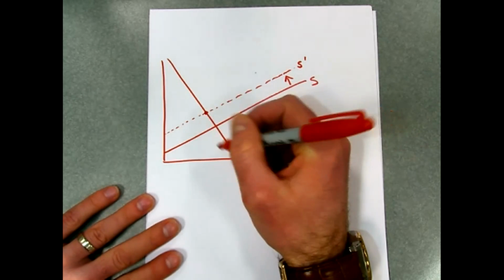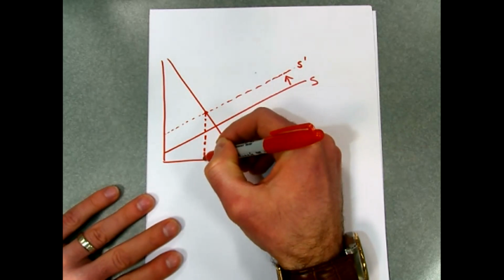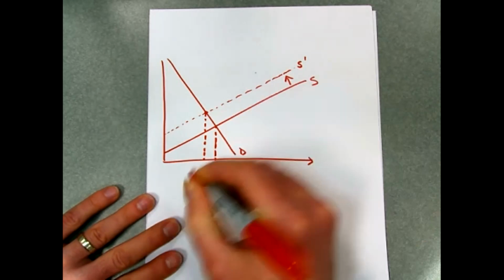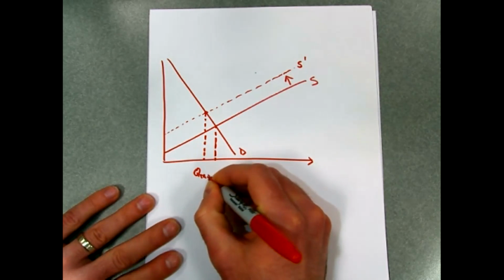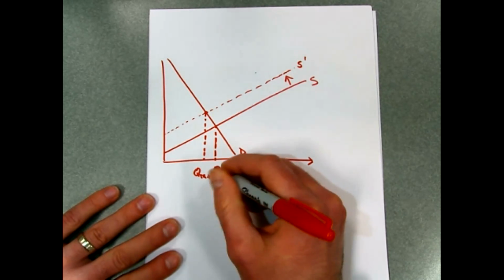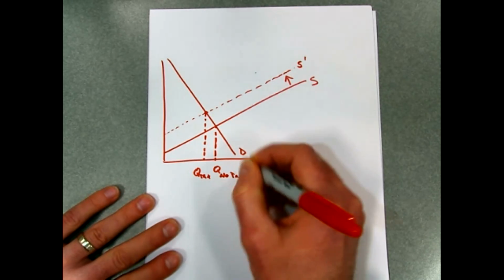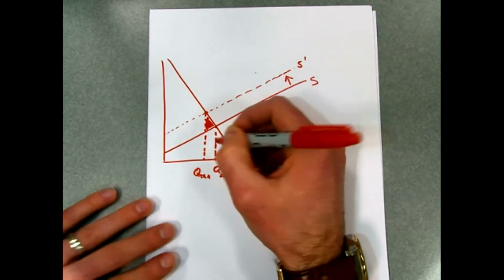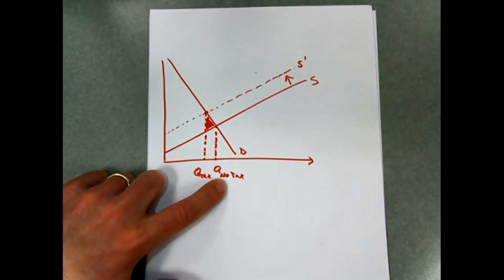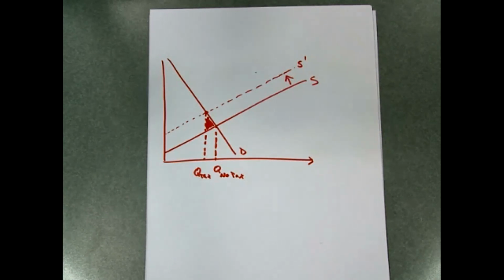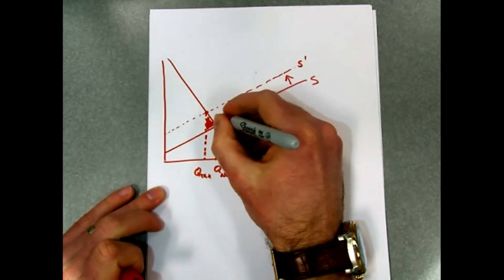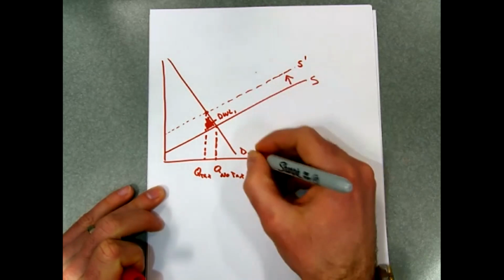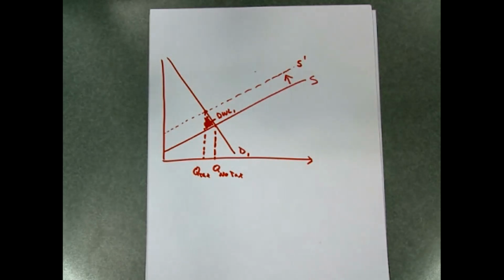The new equilibrium quantity will be here. And the deadweight loss is really all the surplus lost from the units I didn't sell after the tax that I would have sold if there was no tax, right? That was our deadweight loss there. So we'll call this deadweight loss 1. It goes with demand curve 1.